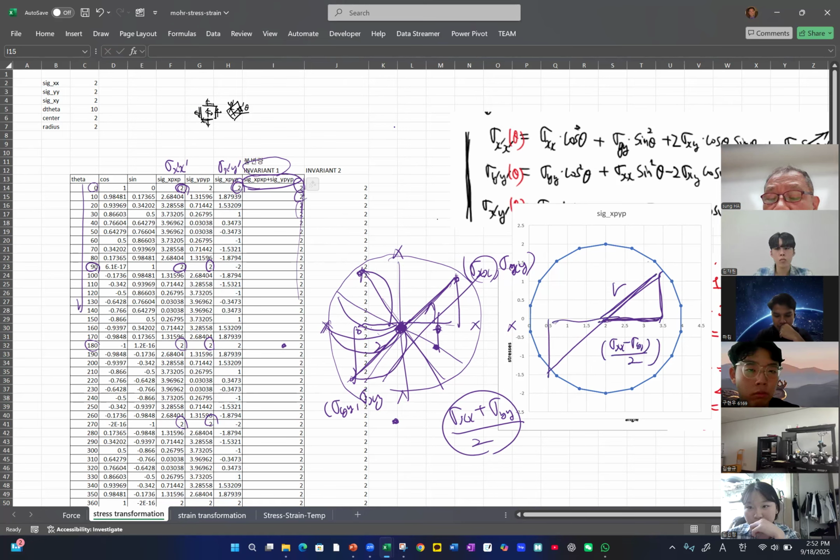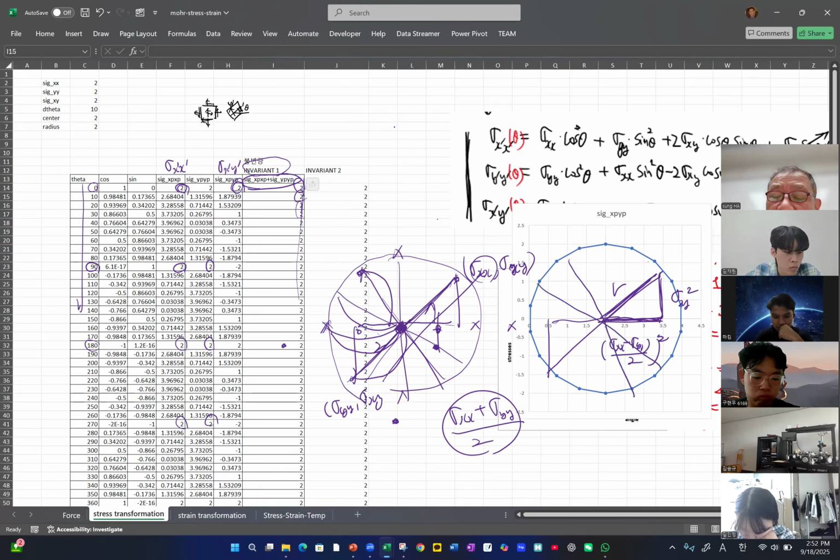So this is the length, and this is sigma xy. So we take the square root of the sum of squares, giving us the radius. Regardless of rotation, the radius remains the same. So the second invariant is simply the radius.